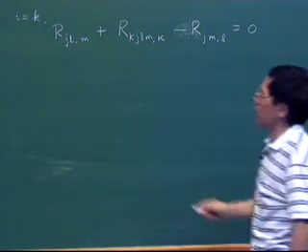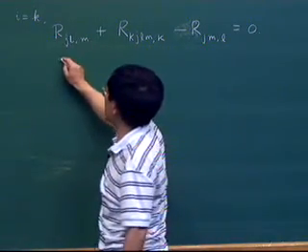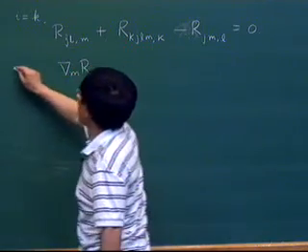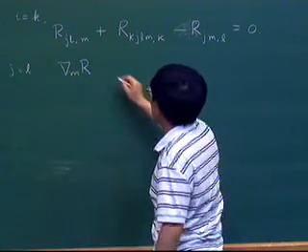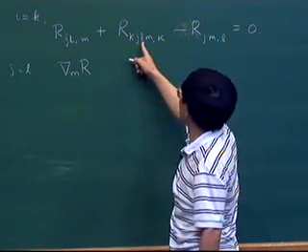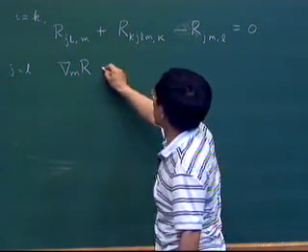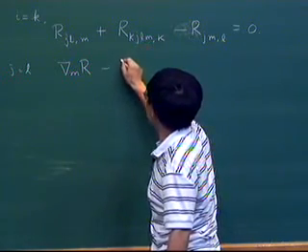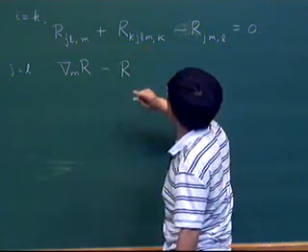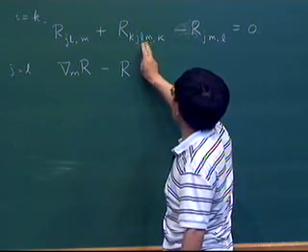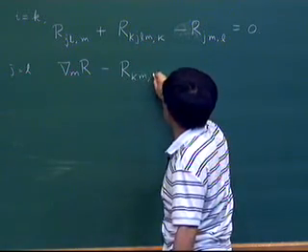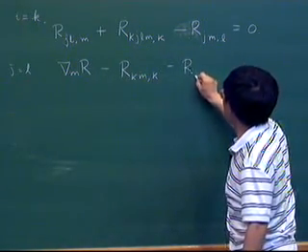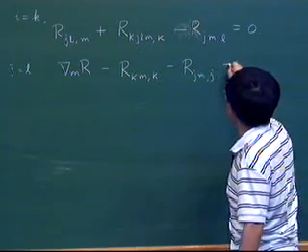So if we take j equal to l, we have the gradient of m R_jj, and take the sum. This is minus, you just change the term. We have minus R_jk lm minus the other term.